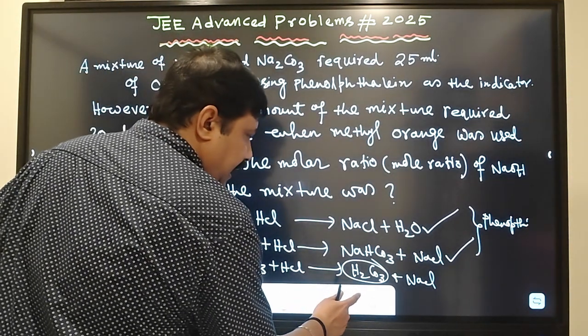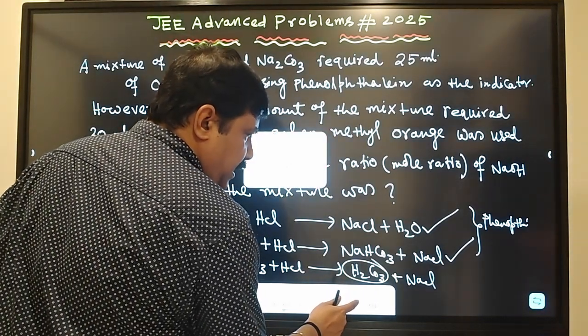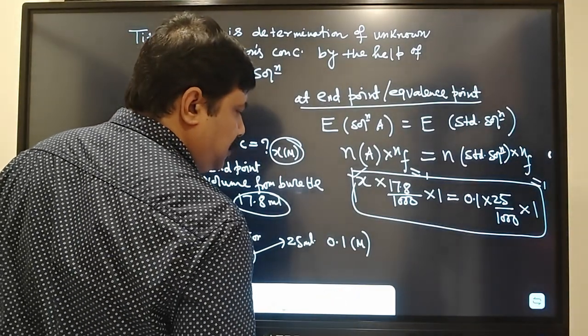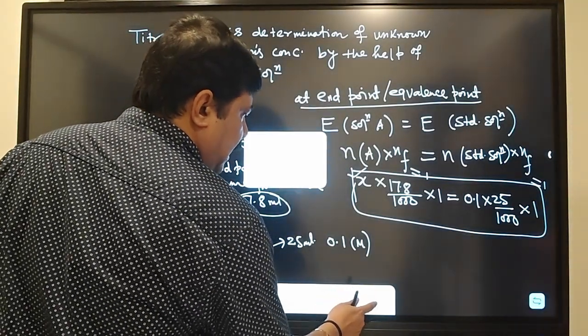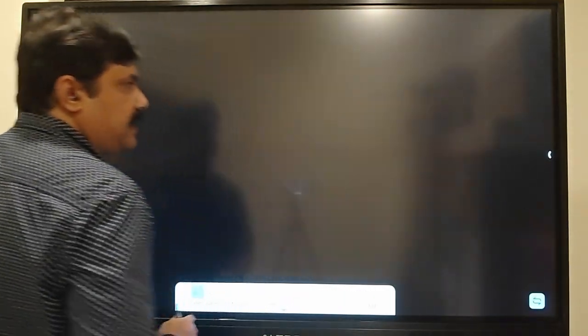Now let's see how I will solve this problem in a very nice way, so that all types of this problem you can solve very quickly and get success in the upcoming JEE Advanced exam. Here I am writing the end point or equivalence point for phenolphthalein.